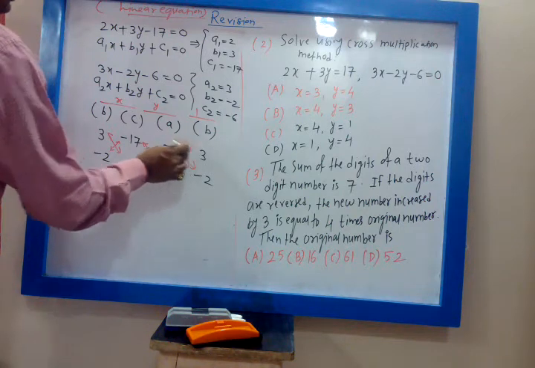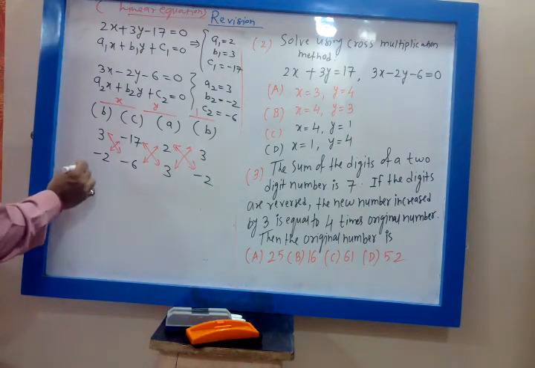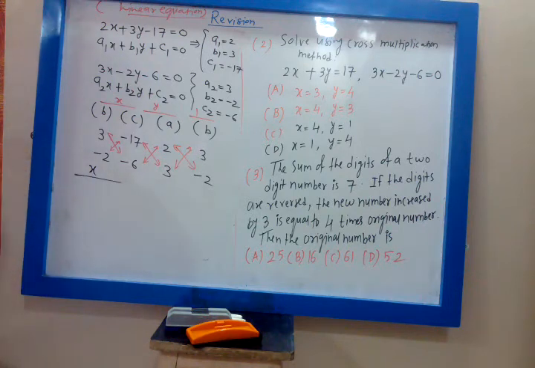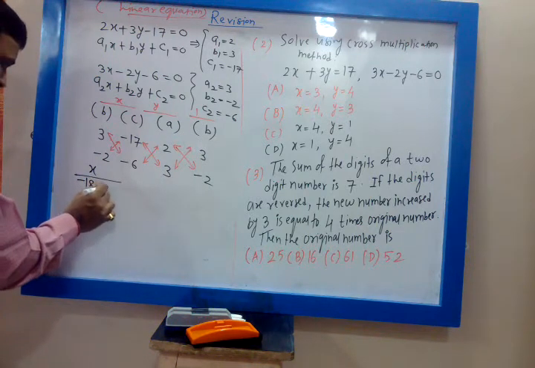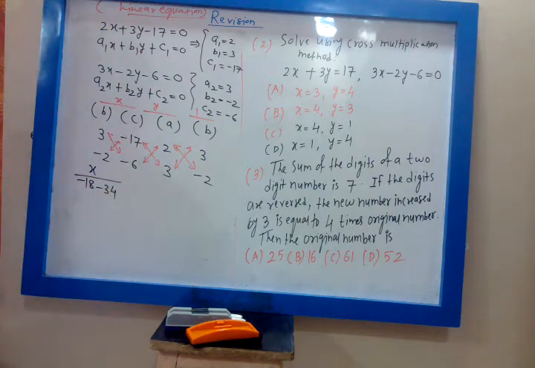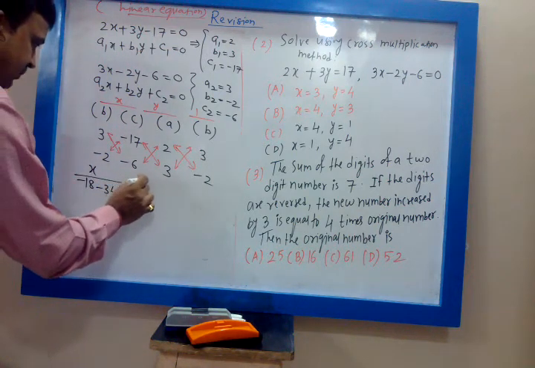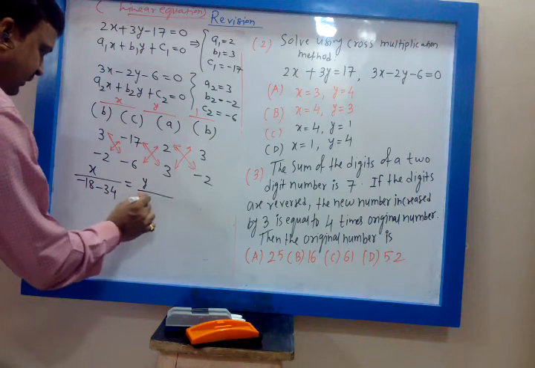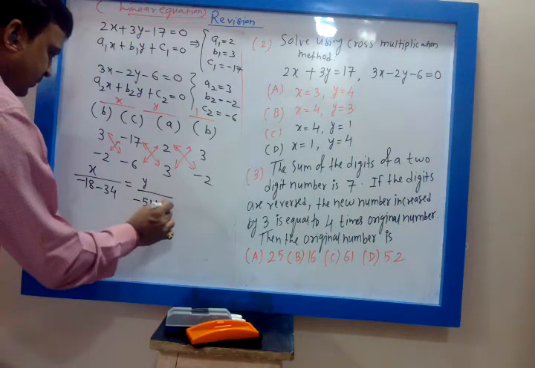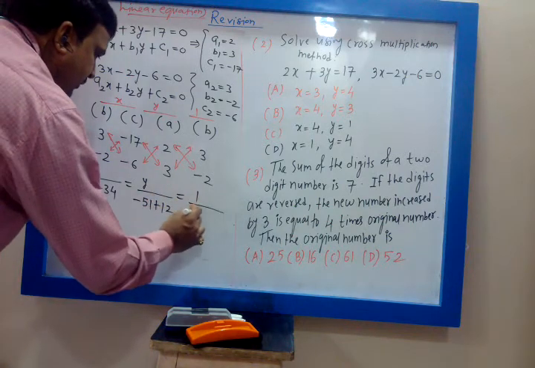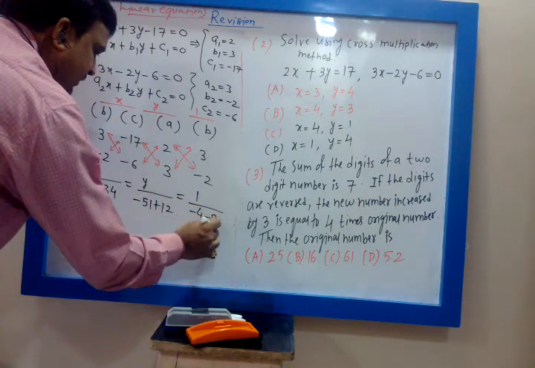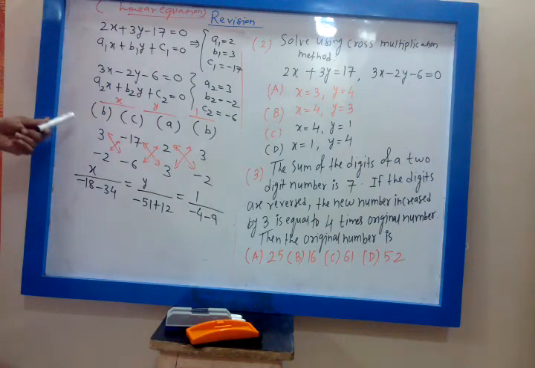So you will get x upon minus 18 minus 34 is equal to y upon minus 51 plus 12 is equal to 1 upon minus 4 minus 9.